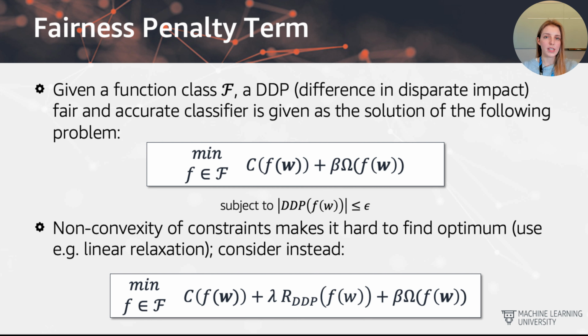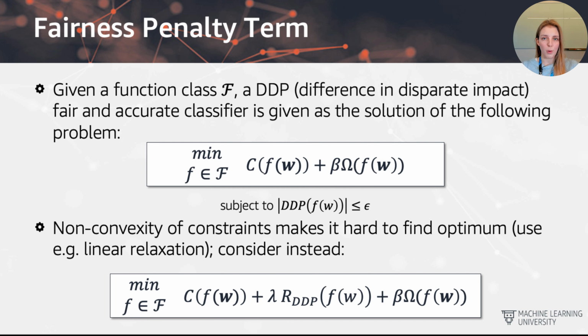So the idea now is, rather than constraining for model complexity, we're going to constrain for model complexity and also impose a fairness constraint. So there's going to be a trade-off between the model performance and the fairness constraint that we want to enforce.